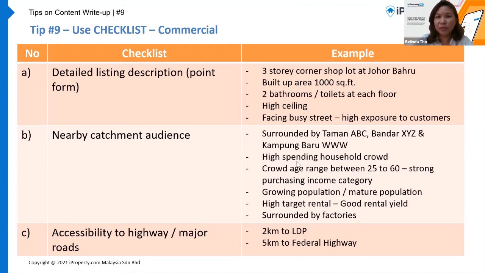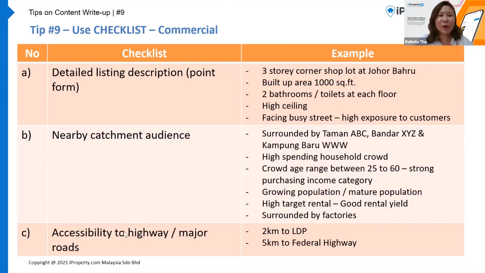Many people visiting your shop area. It's a high spending household crowd, at what age range? It's a growing population, high rental demand or good rental yield. You may want to tell people also how much the potential rental will be, if you are able to get this kind of information. Surrounded by factories. Okay, so those are some examples I tried to figure out to help you explain further about the nearby catchment audience.